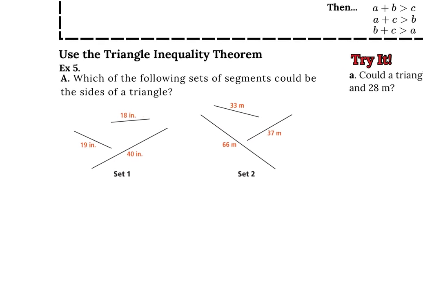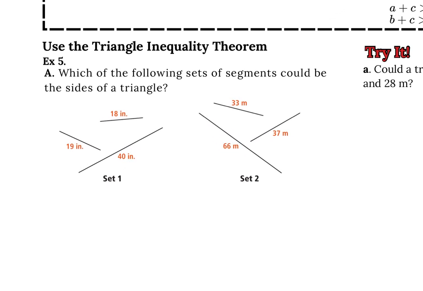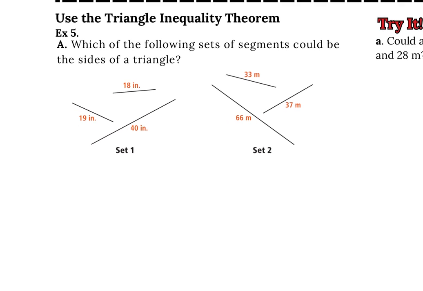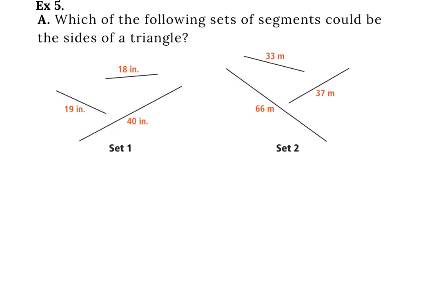All right, so example 5. Which of the following sets of segments could be the sides of a triangle? We want to take the smaller 2 sides of the triangle and add them together to see if our larger one could be part of it. So we're going to take 18 plus 19, which gets us 37.